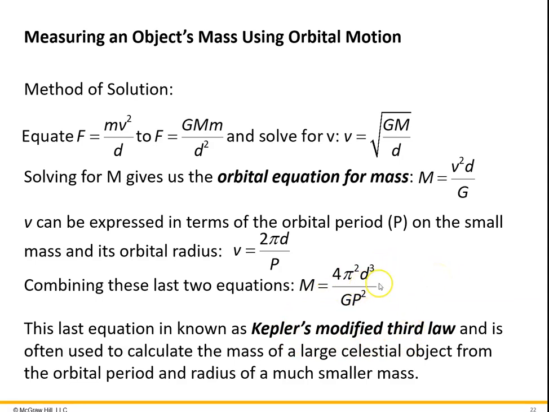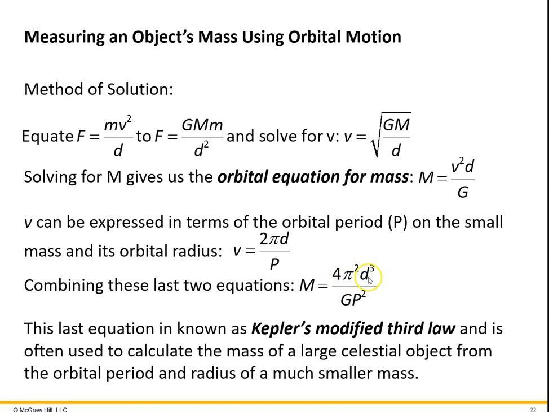Right? And so if you can measure the period and you measure the distance between the two objects, you can work out the mass, right? Like what the actual mass is, not in some arbitrary units. This is actually done in kilograms, right? So, the 4 pi squared is just a constant, so it has no units.